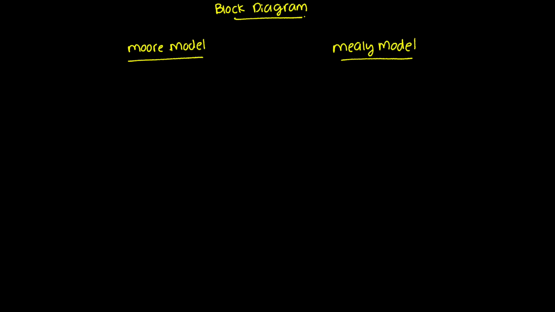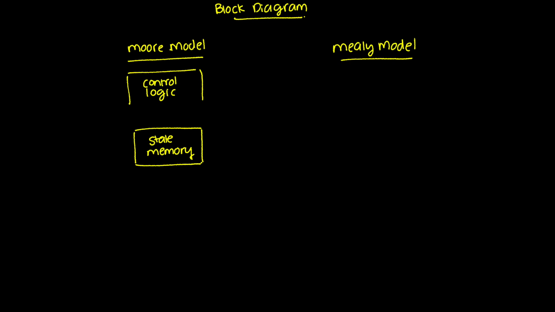As always, in any block diagram, the first thing I'm going to draw is the state memory block. This is not going to change between Moore model and Mealy model. This is simply an artifact of being a state machine. So I'm going to have my state memory and I'm going to have control logic, right? The control logic is the stuff that gets me from the present state to the next state.